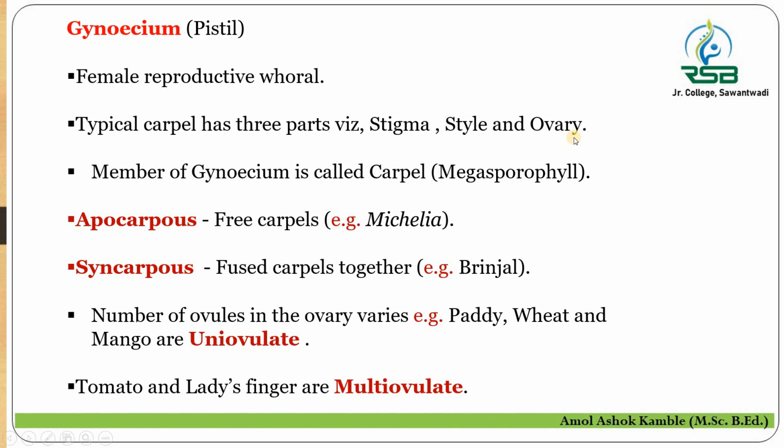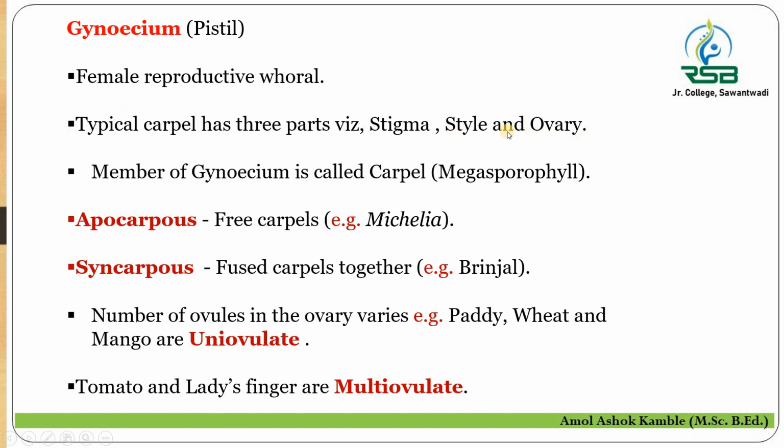Ovary gives rise to the fruit, and ovules inside the ovary become modified into the seeds. So we know all these parts from our previous class. In today's lecture about this female reproductive structure, the gynoecium, we are going to study in details the ovule, one of the types of ovule in angiospermic plant.